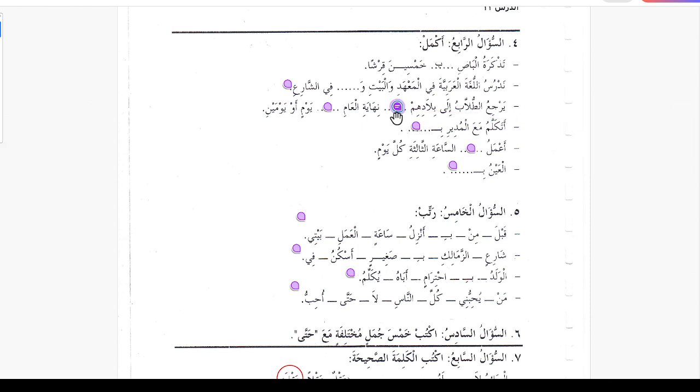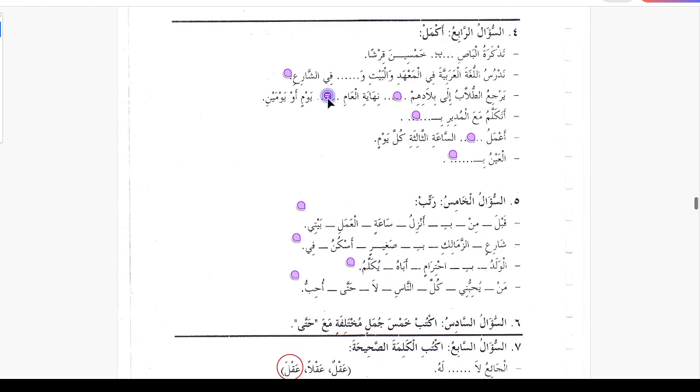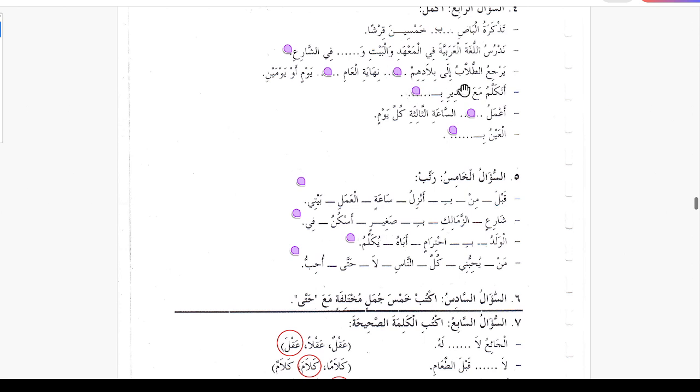So here the use of bada, the students return to their countries after the end of the year, Nihaya till Ami. Fi yawmin or yawmaini, so this is the use of fi after bada, after the end of the year, in a day or two, they return to their countries.